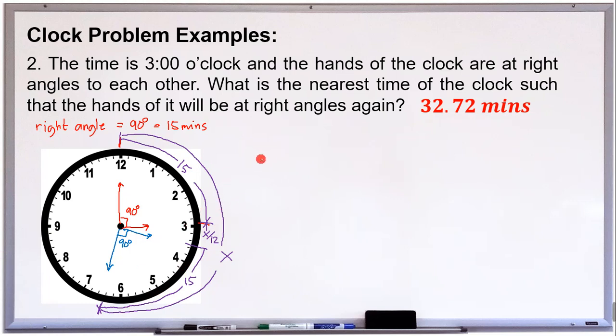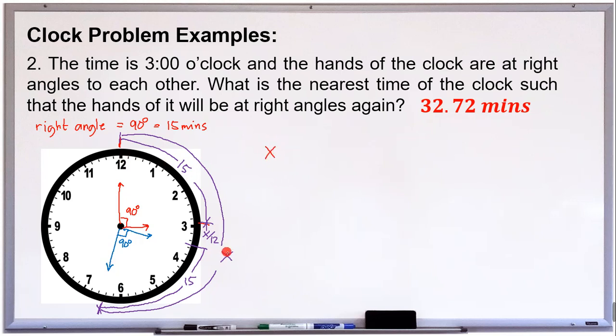So next, we're going to generate our working equation out from this illustration. As you notice, the distance from 12 up to the final position of our minute hand is equal to x. So write x.